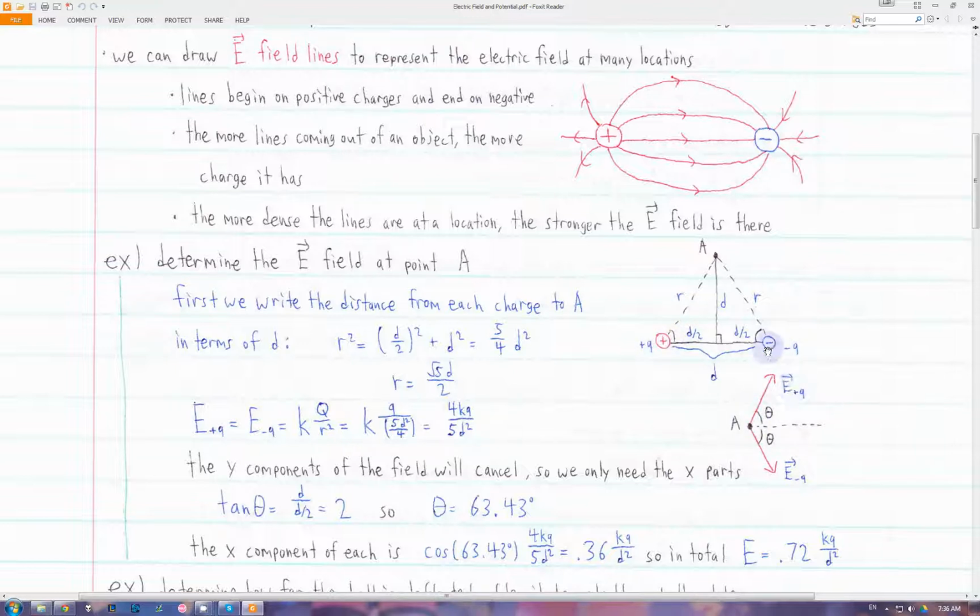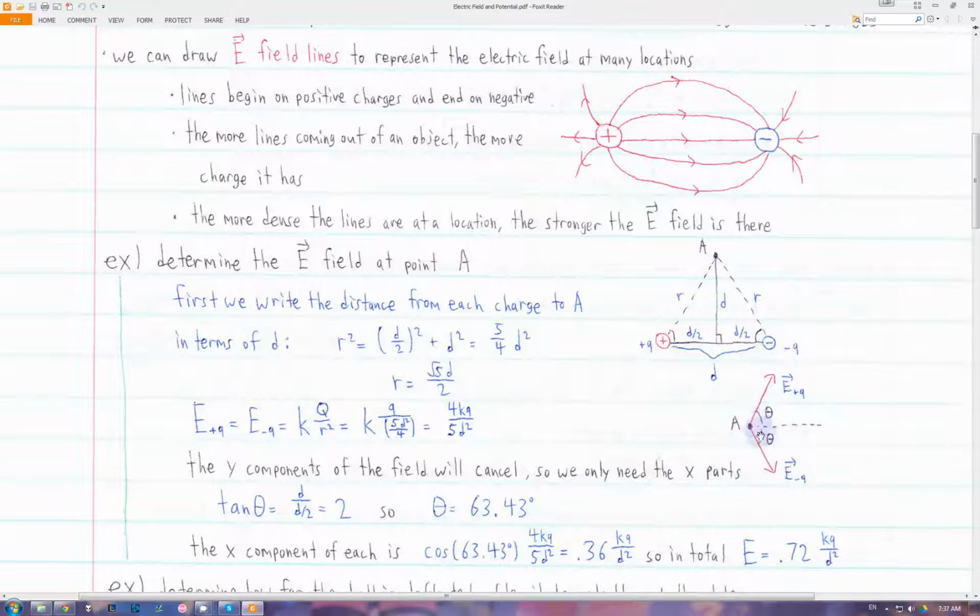And the E field points towards negative charges, so it points this way when we're at point A. So notice how the Y components of these electric fields cancel each other out, and we're left with just the X components. So now we need to find this angle in order to find the X component of each E field vector.